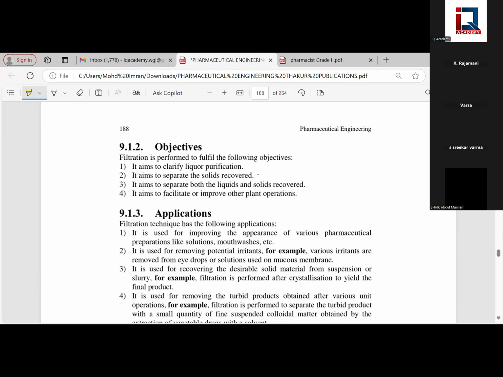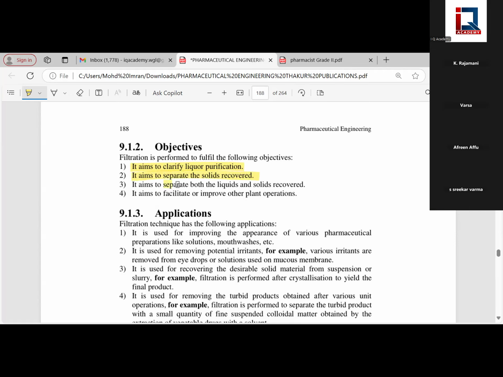The first objective of filtration is separation, or we can say purification. When you are separating unwanted particles, then it is generally called purification. And the second is solid recovery, removing the liquid extract from the solid substances for reutilization or something like that.